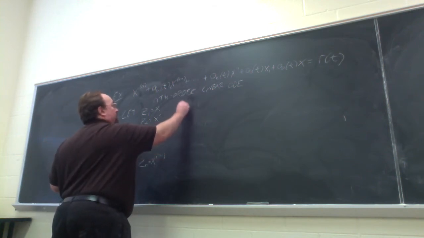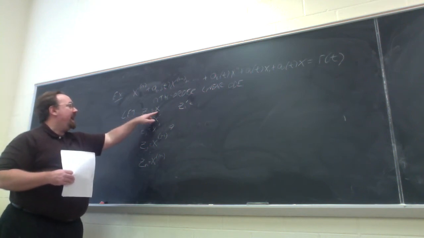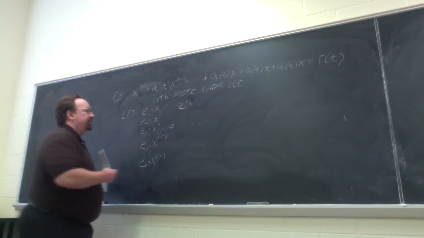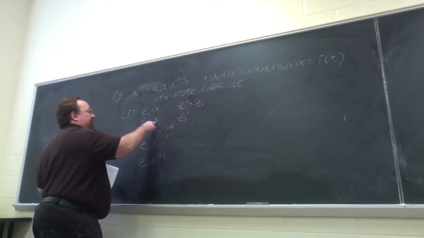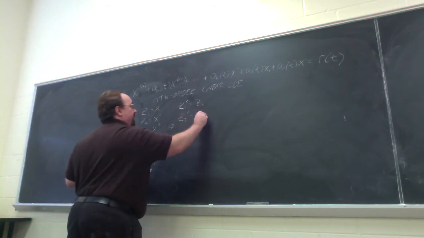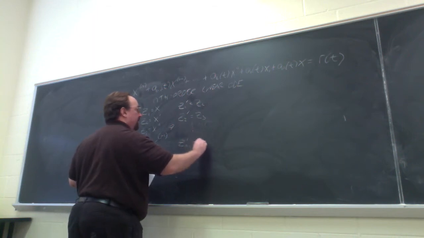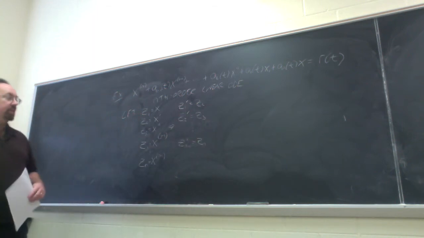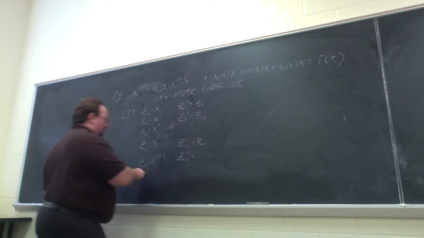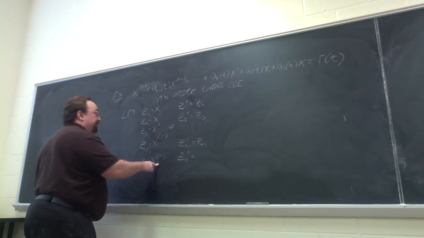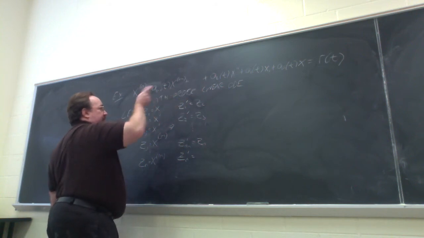So z1 prime is equal to x prime, but that's z2. z2 prime is x double prime, that's z3, and so on, all the way down to z n minus 1 prime is equal to zn. So we have these first n minus 1 simple equations, and then finally zn prime, which is the nth derivative of x, is going to be equal to minus all of this. We've got to move it to the other side.